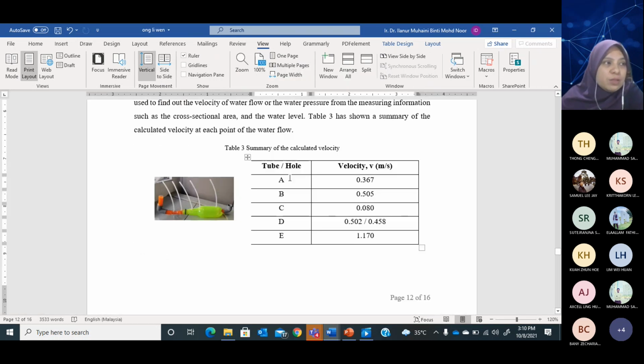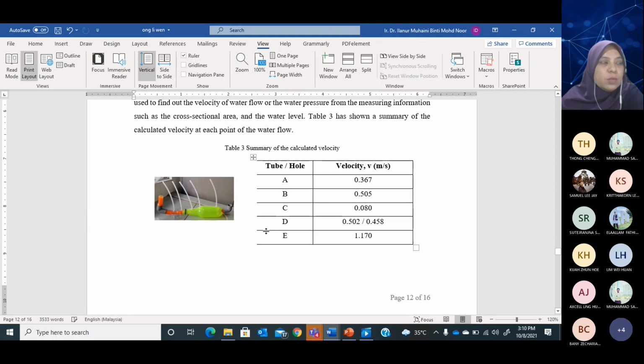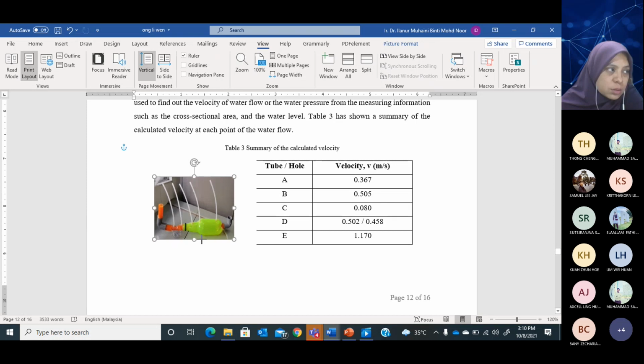So, when people refer to your table, at the same time they will see the picture. Okay. So, E here has the most velocity.